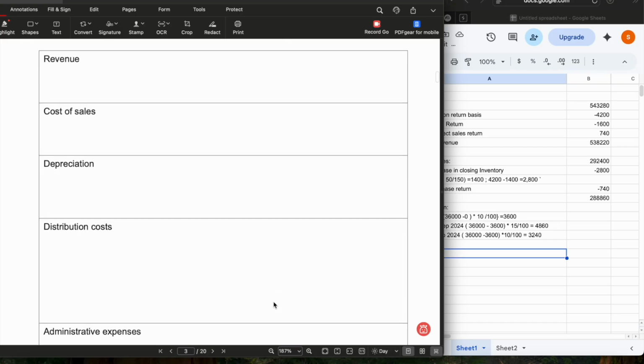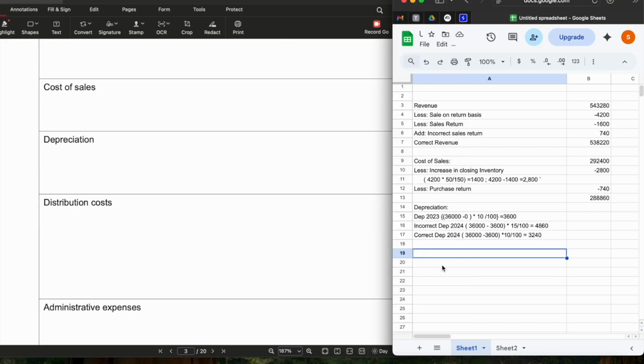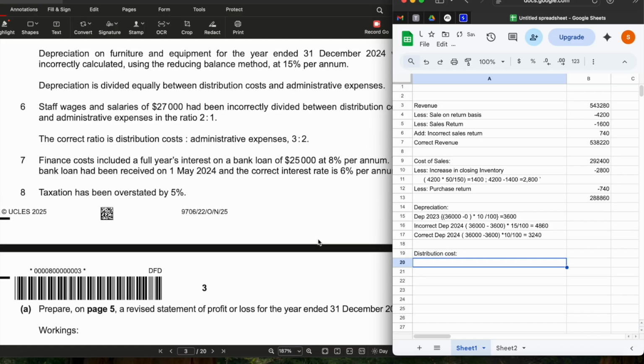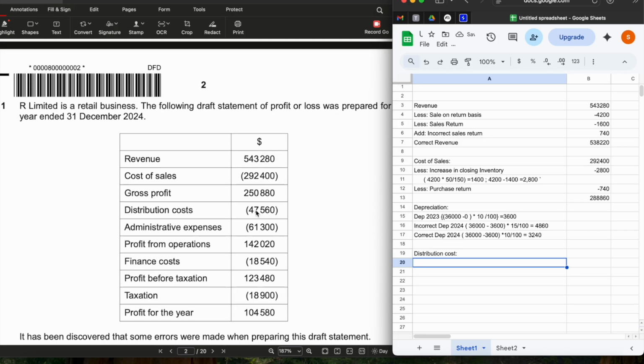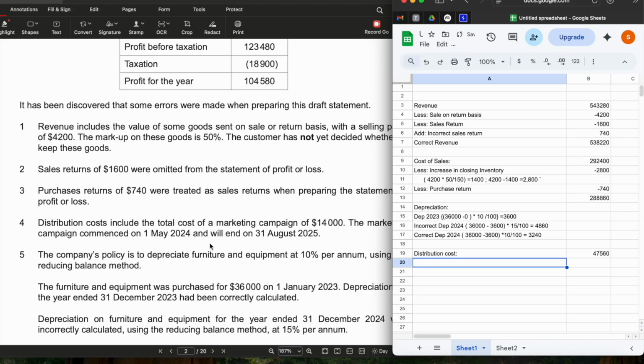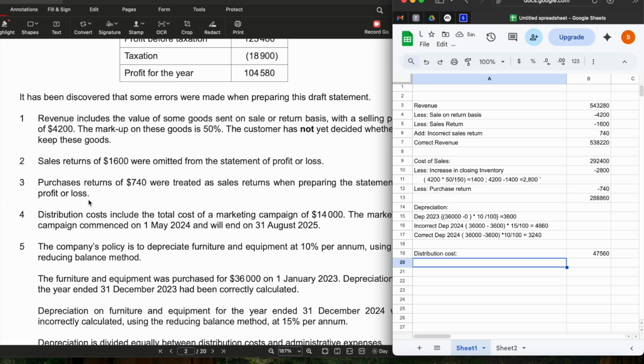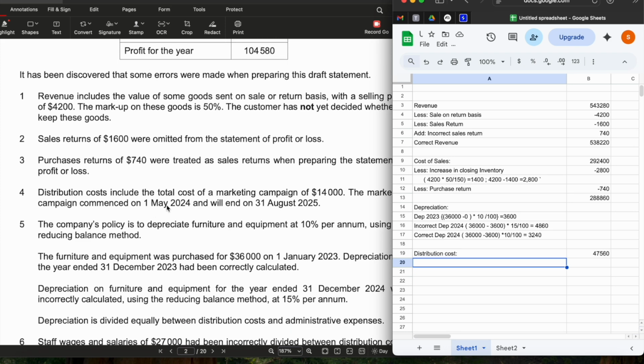Next we have distribution cost. In distribution cost, the amount given is 47,560. Okay, adjustment number 1 done, 2 done, 3 done. Now 4, they say that distribution costs include a total cost of marketing campaign of 14,000.